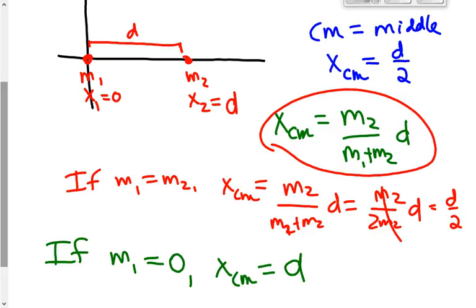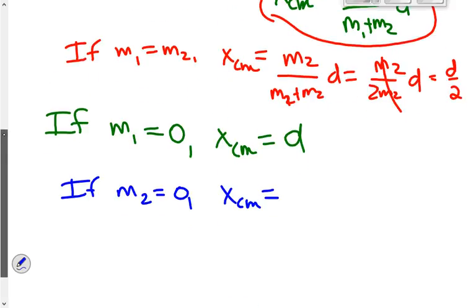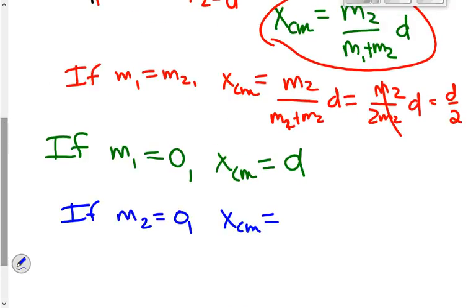Yes? And finally, what if I let m2 be equal to 0? Then what does my formula say the center of mass should be? 0. And again, that makes sense, because what's located at 0? m1. So all the mass would be there, and that would be where you would expect the center of mass to fall.